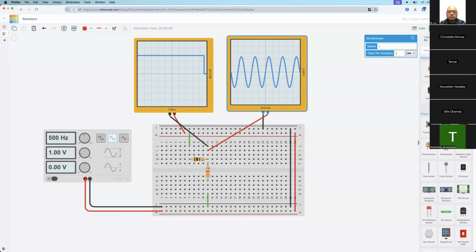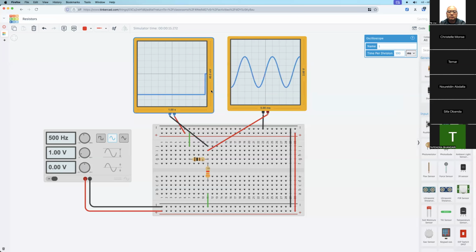Then we can try 200 milliseconds. Okay, yeah, that's great. So we just get the half, right? Oh no, one full cycle. So actually we can go to 500. That shows one more. Okay. So this also goes to 500 milliseconds.